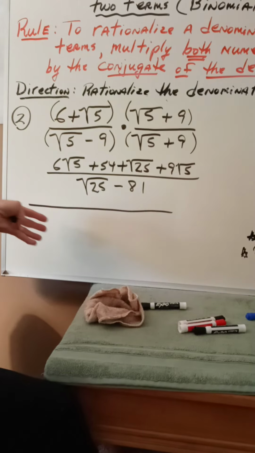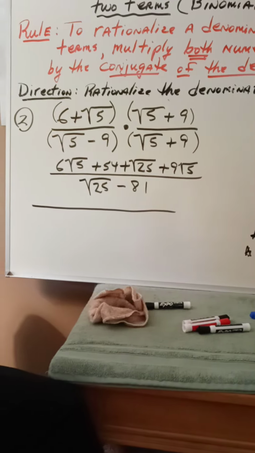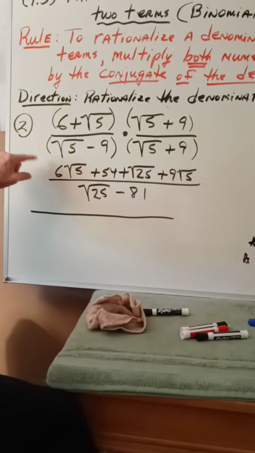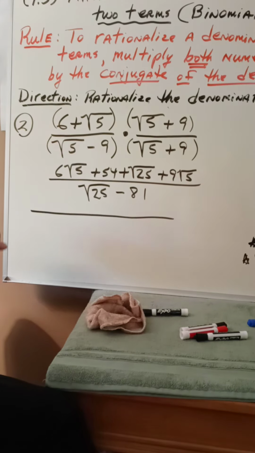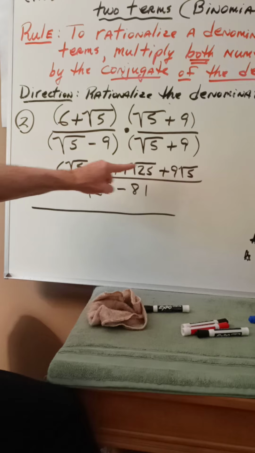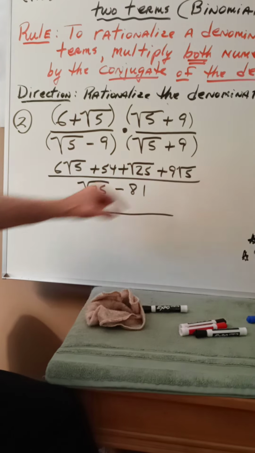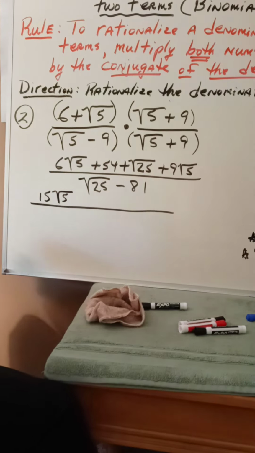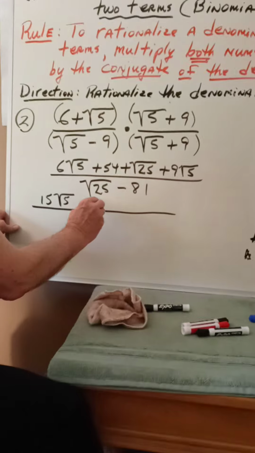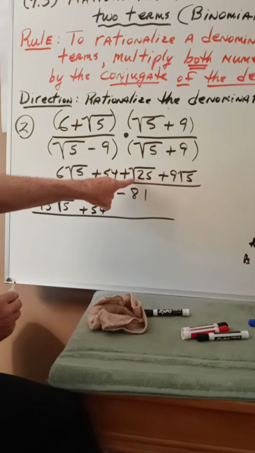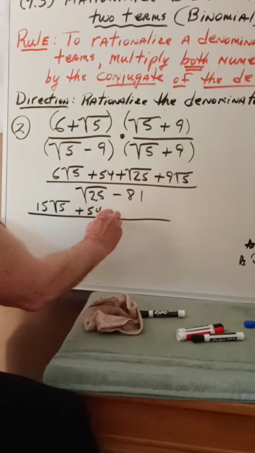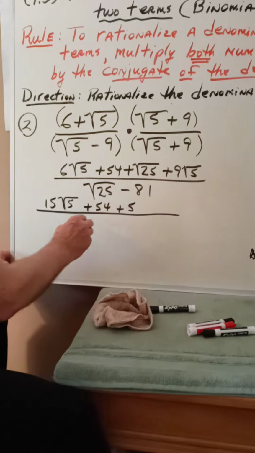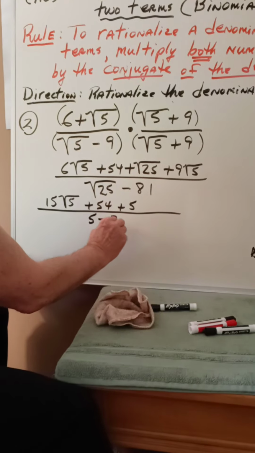I would have probably ordinarily shown a little bit more work, but I don't have a whole lot of space on this board and I'm always running up against time, so I'm trying to save a little time. 6 root 5 can be combined with 9 root 5, which would give 15 root 5 plus 54, plus the root of 25, which is 5. The bottom, he's coming out, and we'll have 5 minus 81.